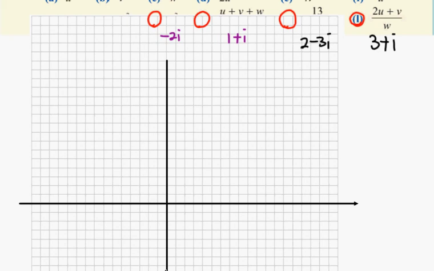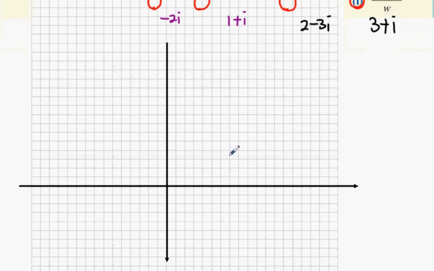And I have to draw all these answers. So, just draw some numbers. Suppose I'll just go up in twos: 2, 4, 6, 8, minus 2, minus 4, minus 6. Does everybody understand why I'm doing that?